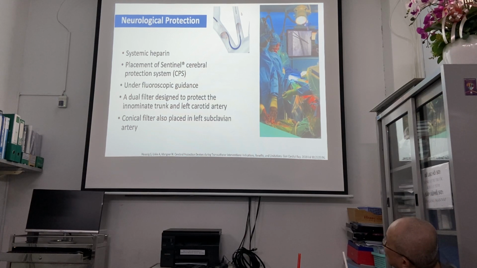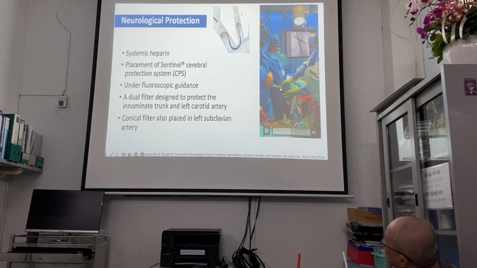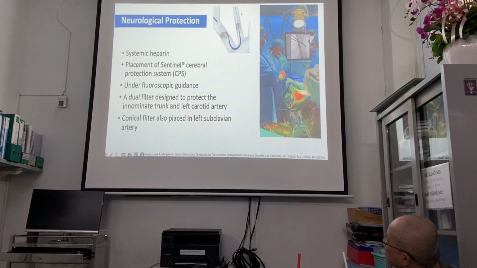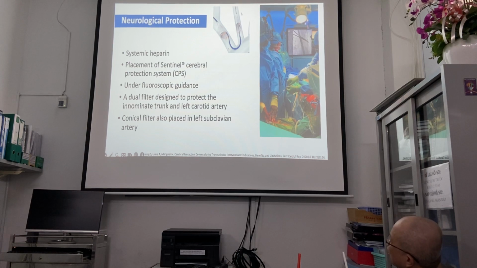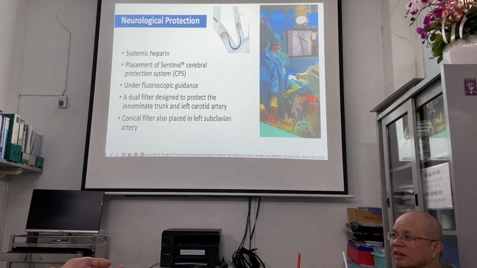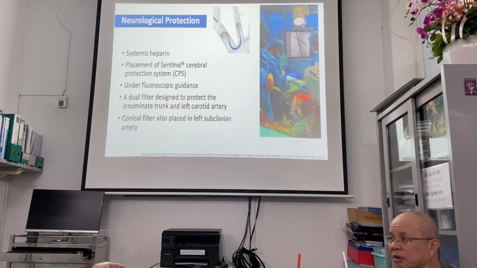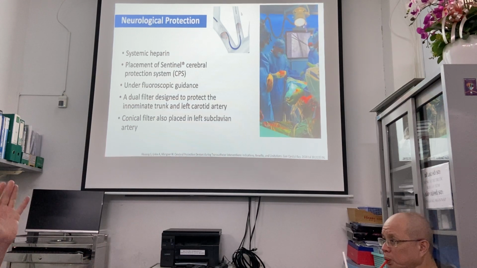The surgeon is there, and we put the Sentinel. This is the filter here and there, so there is one in the truncus and one in the carotid. And then on the other side, I also put a filter, but I only left it in the subclavian artery. So the brain is not quite well protected.